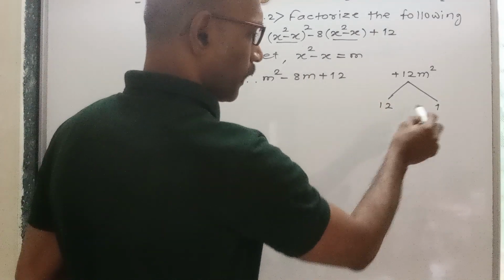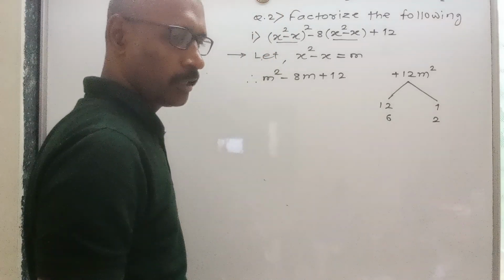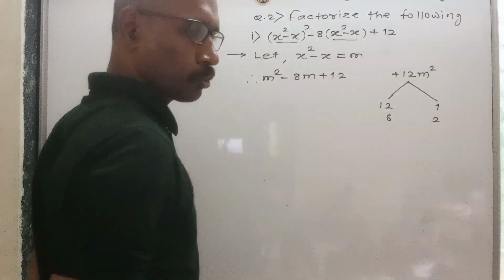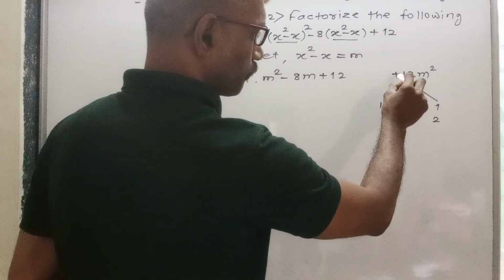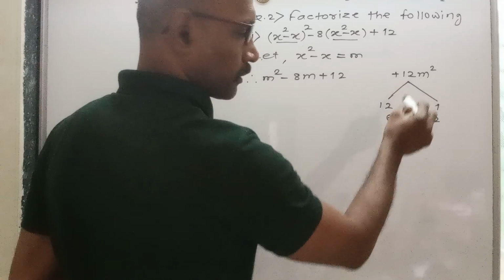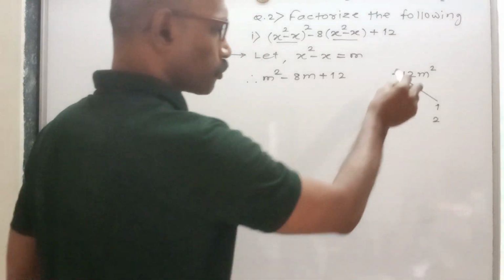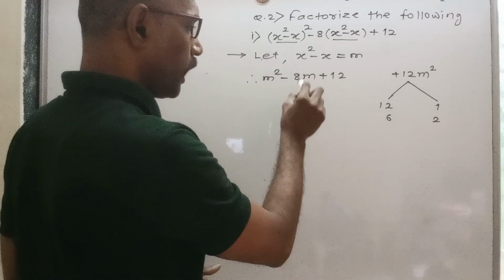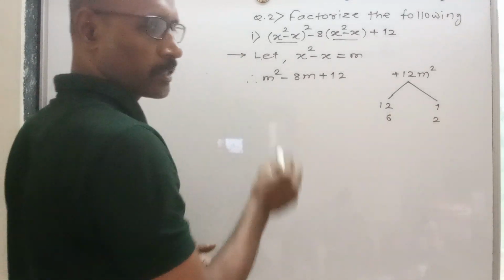Did you understand? Then 2 sixes, 2 into 6. See here, we want the product positive, plus, so the product of signs should be plus, and the addition or subtraction should be minus 8.